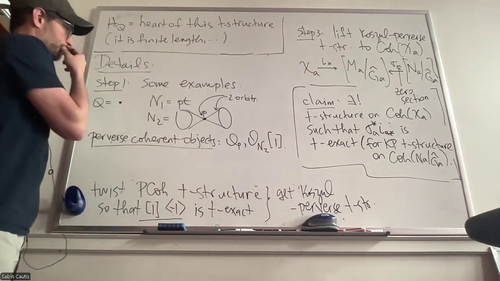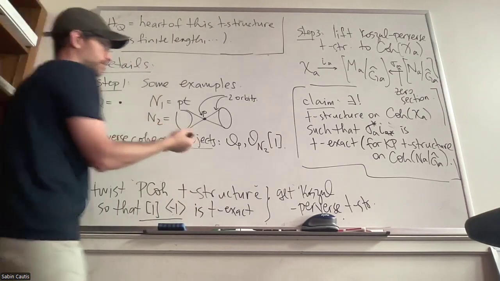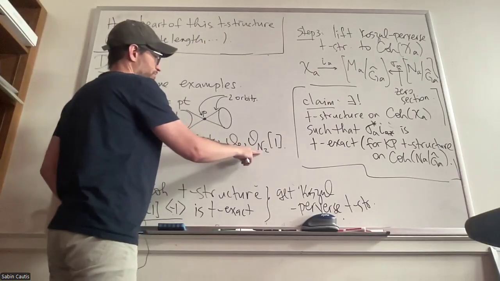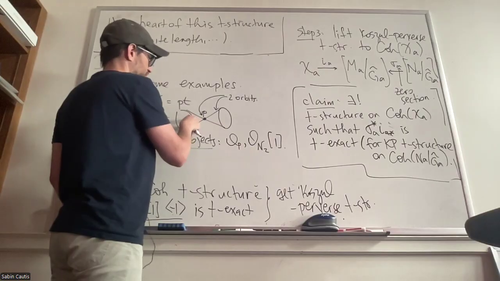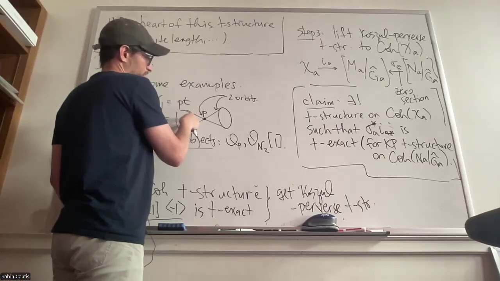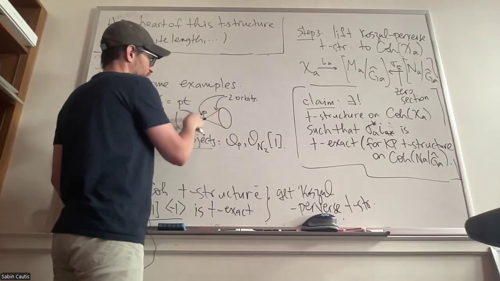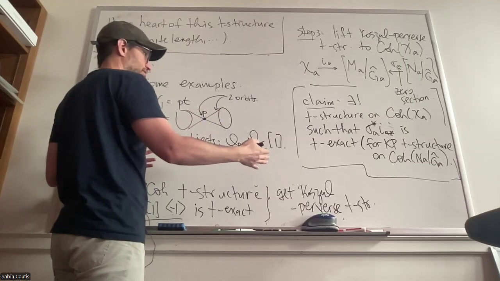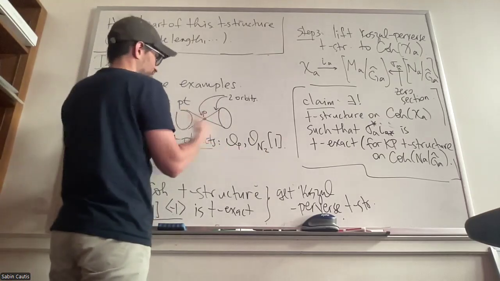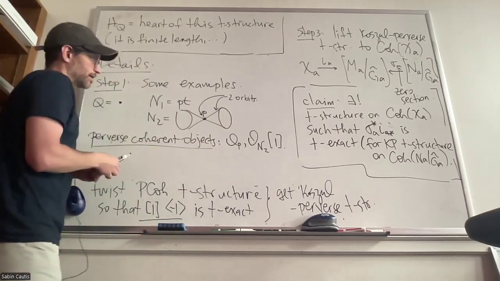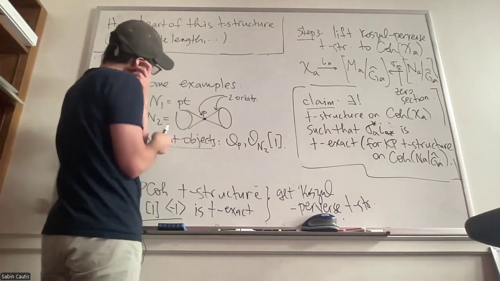The thing to roughly take away, and I'll repeat this later a little bit, is that to each simple vector bundle on the open orbit, there's some extension of it which gives you perverse sheaves on the whole thing.